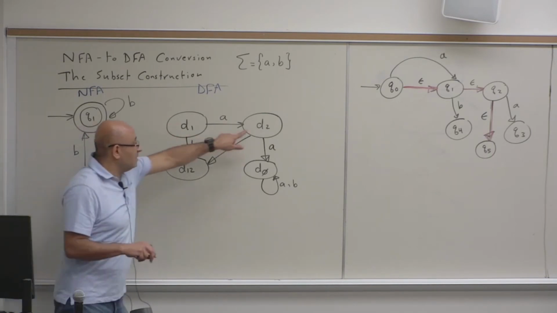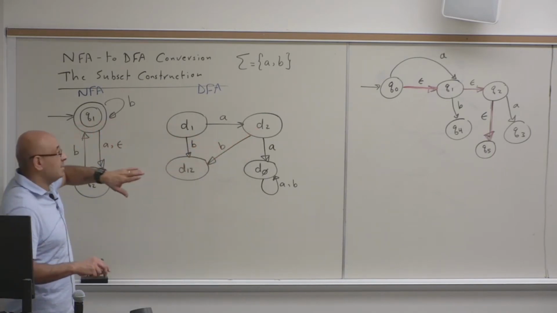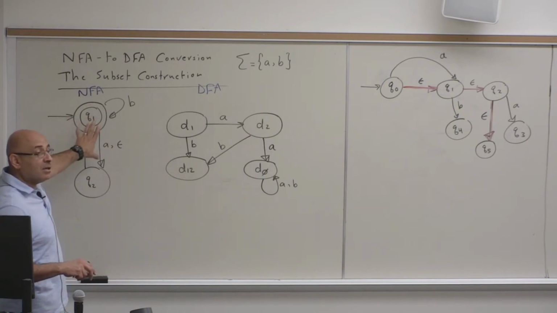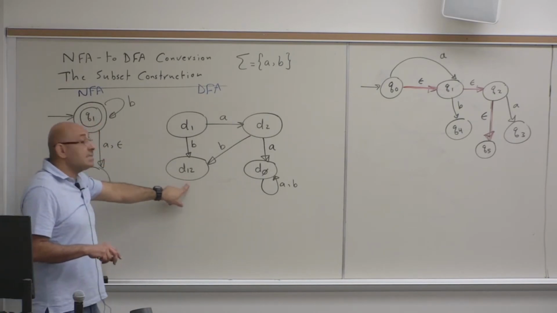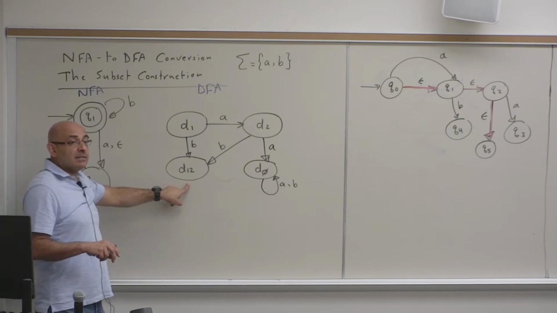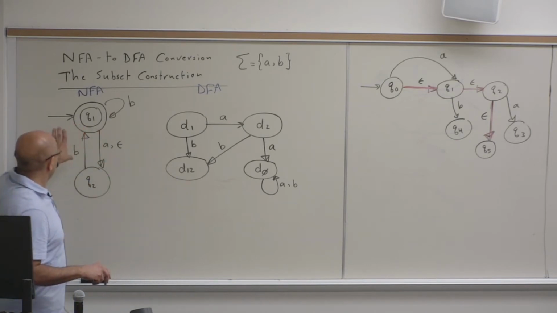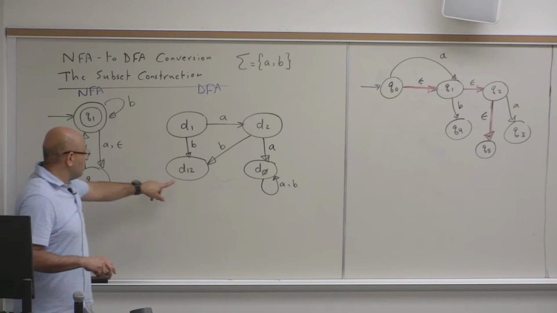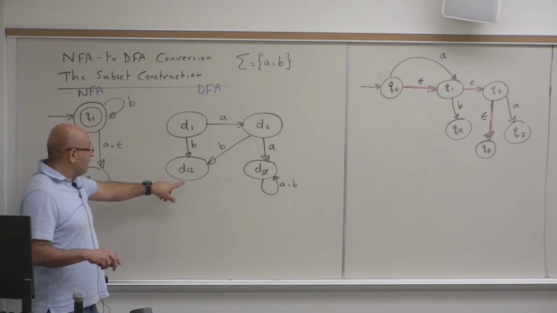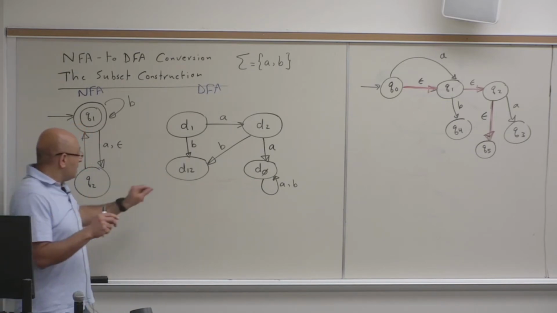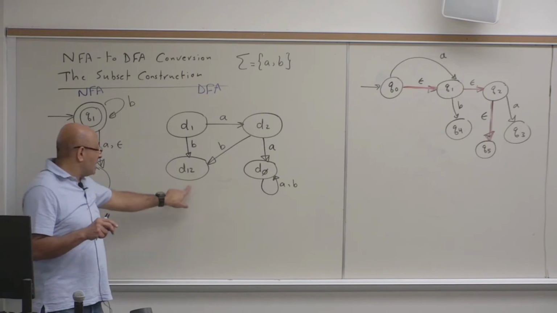In fact, D1 and D2 are relatively straightforward, because they existed in the original NFA. But now this thing did not even exist in the original NFA. But in the original NFA, this is a combination of sets, a combination of states.